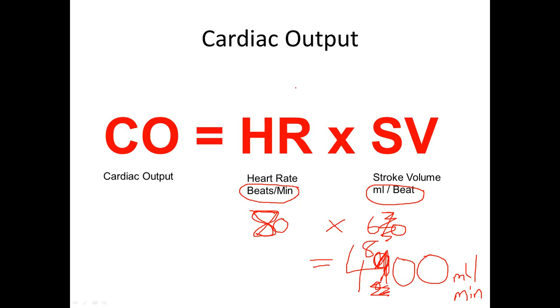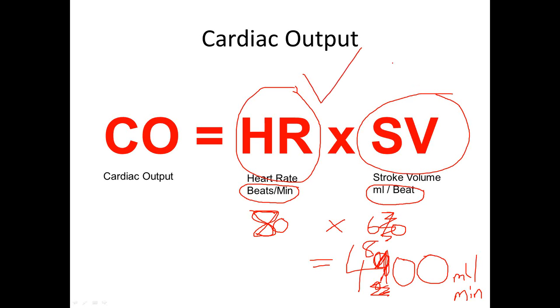So you can see the two are interdependent. And this is the way in which the body matches its blood needs to the contraction of the heart, by changing heart rate and/or stroke volume. So in extreme cases, the body will increase both heart rate and stroke volume to make sure that there's enough blood pumping around the body.